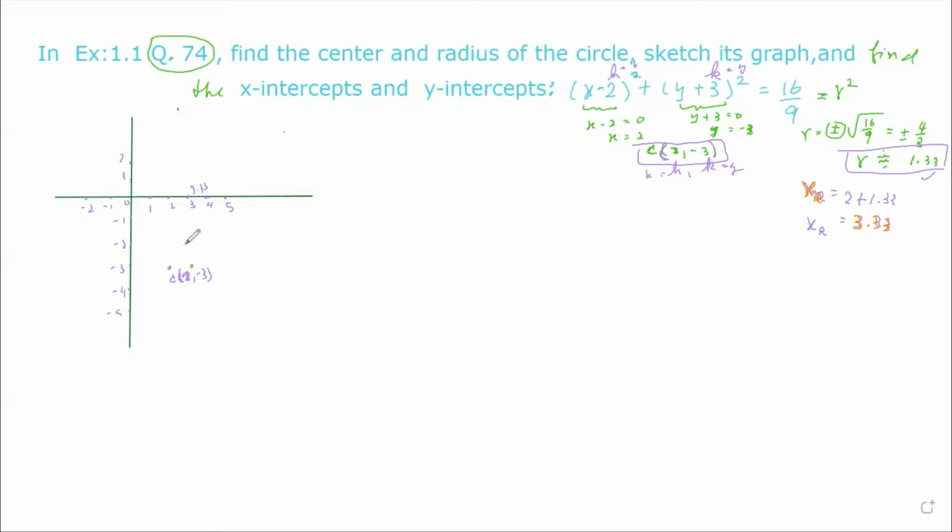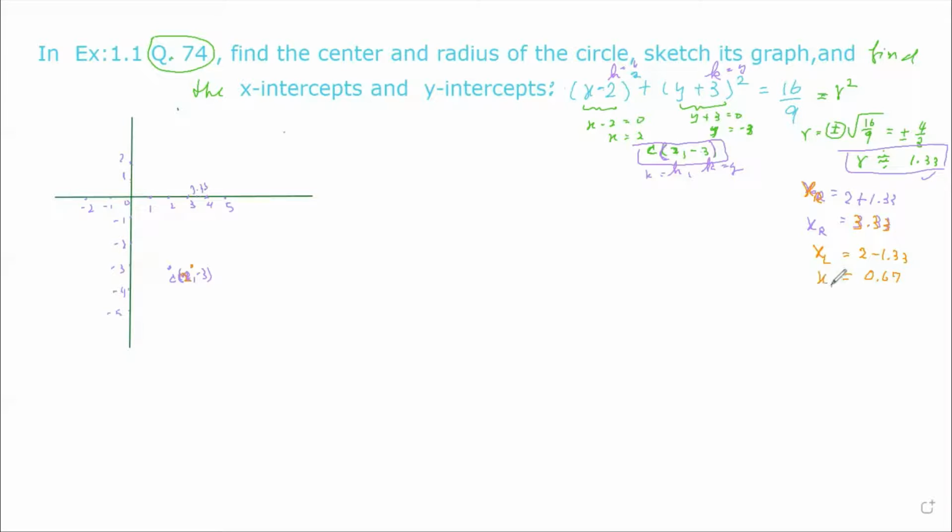Now from the center, go to the left-hand side, a radian of 1.33. From X equal to 2, go left 1.33. When you want to find the left-hand side, X is 2 here, so you have to minus the radian 1.33. That gives approximately 0.67.